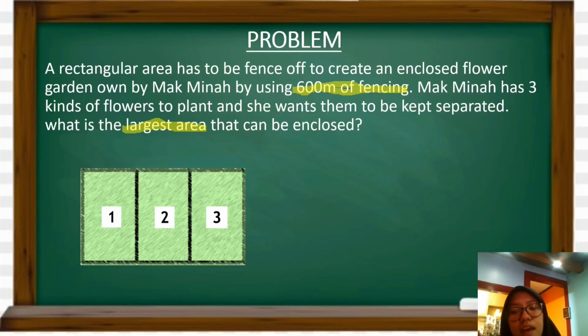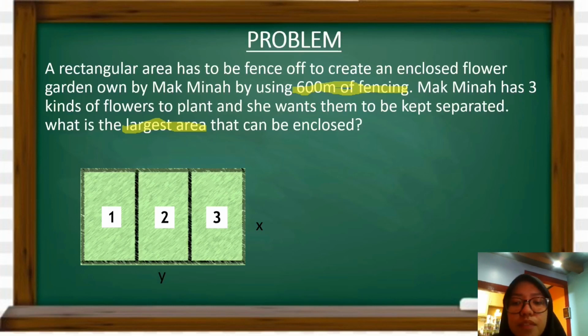To find the area, we have to know the width and the length of the rectangular area. So we take the width and represent it as x, and the length and represent it as y.